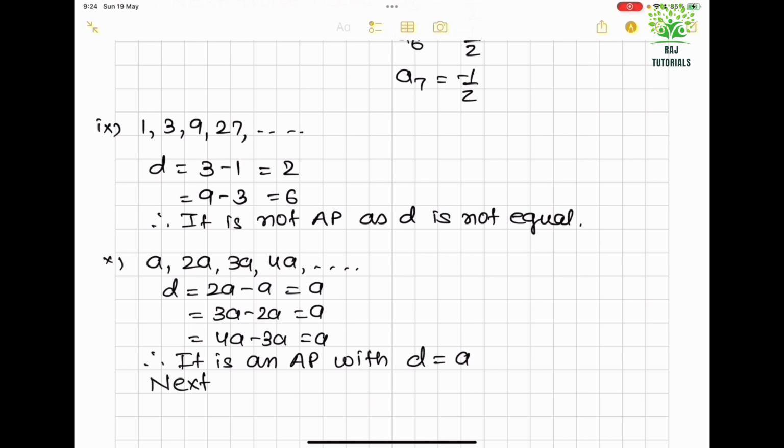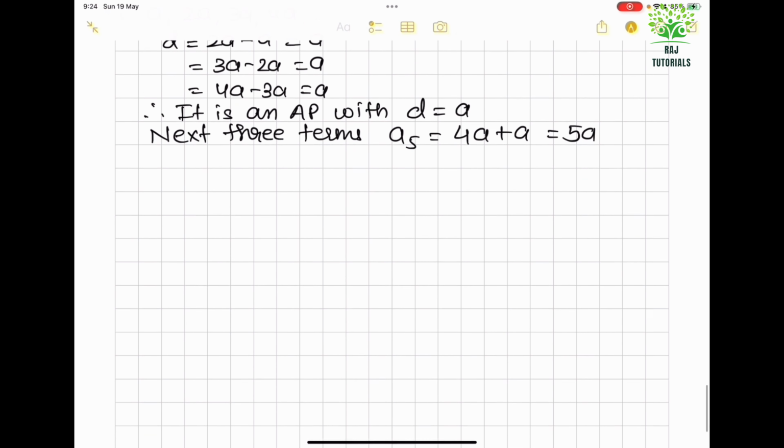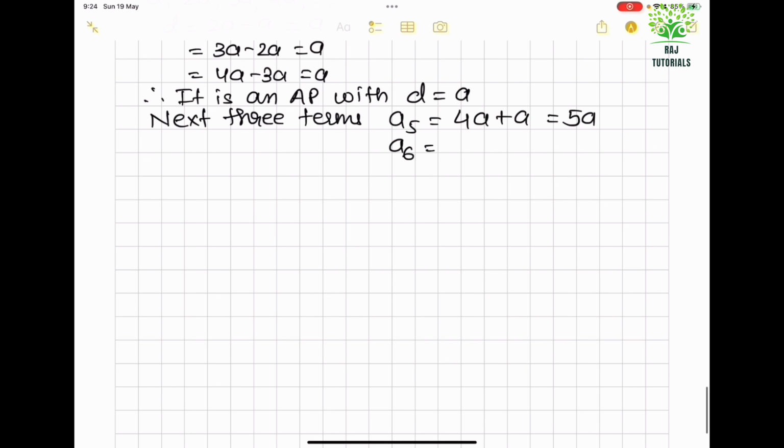Next three terms: a5 will be 4a plus a, that is 5a. a6 will be 5a plus a, 6a. a7 will be 6a plus a, that is 7a.